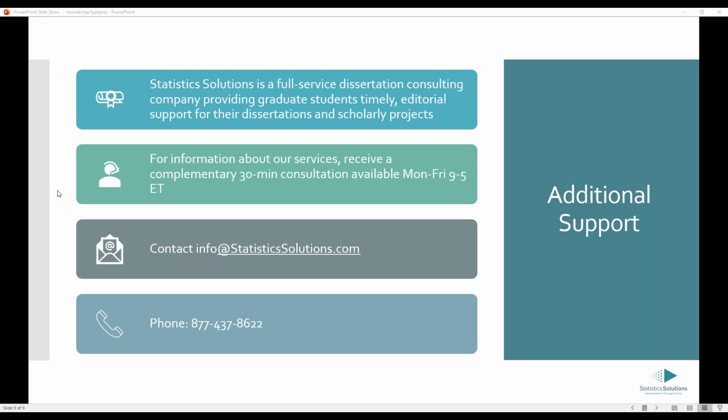How long should the chapter be on average? It depends. I'm going to give you a ballpark figure, but again, they're ballpark figures. There's no requirement unless your school has a page length requirement. A quantitative discussion chapter can be anywhere from, I'd say 10 to 12 pages is probably the average, anywhere from 8 to 15 pages.